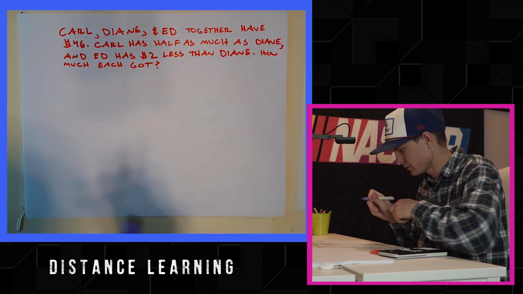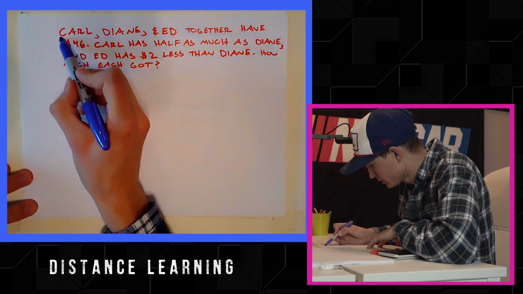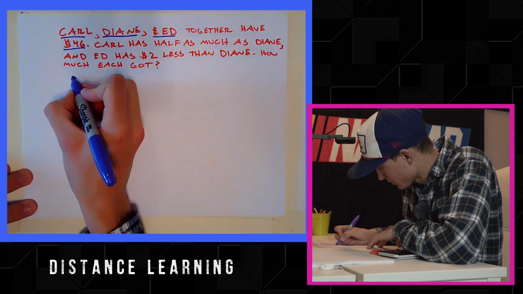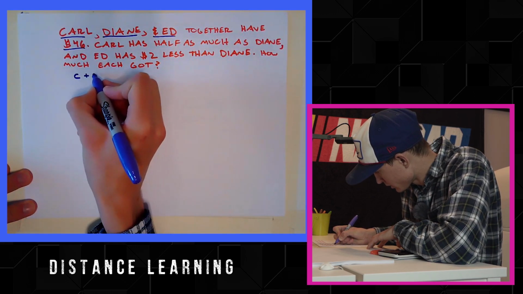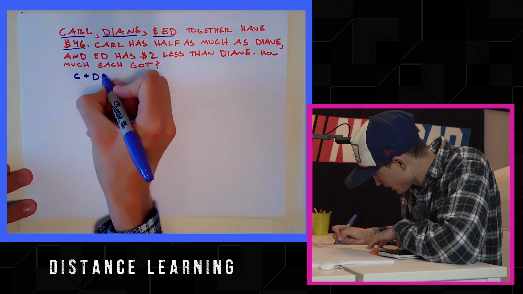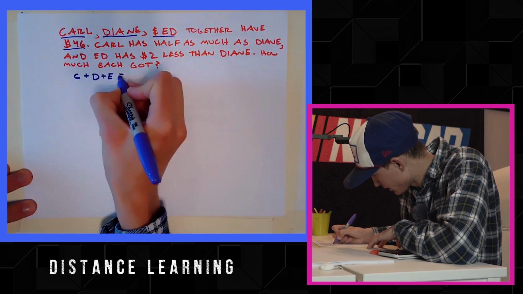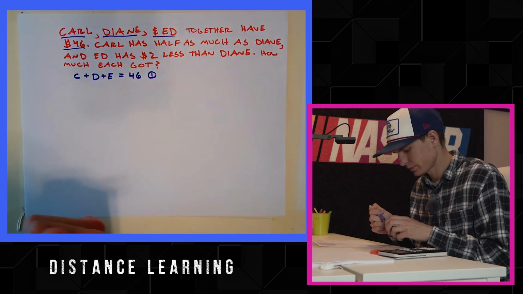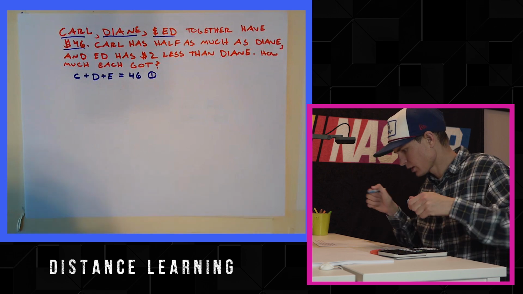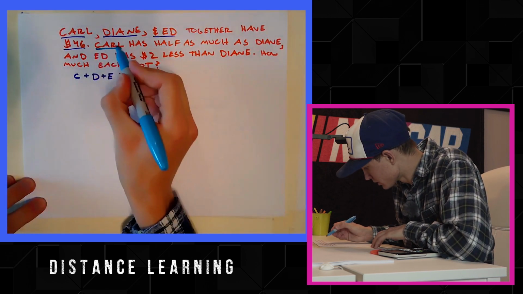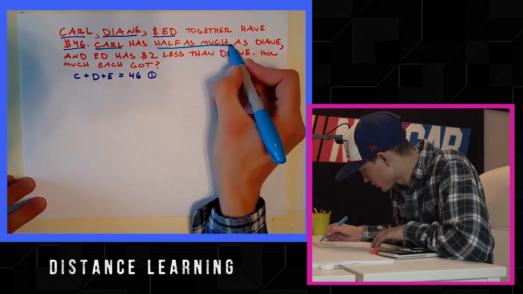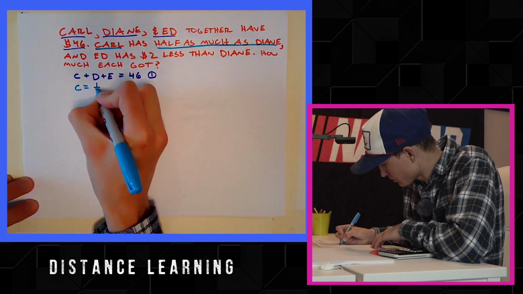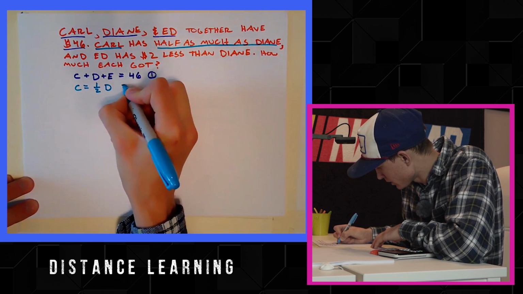Alright, let's see what we got. Carl, Diane, and Ed have $46. Equation 1. Carl has half as much as Diane.